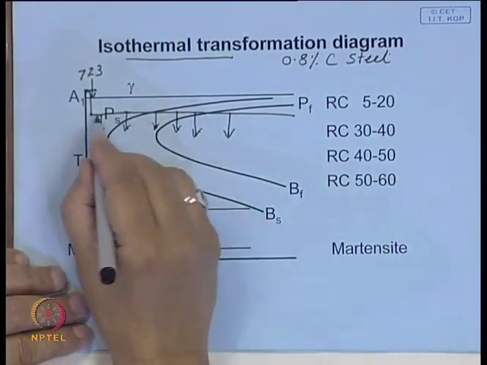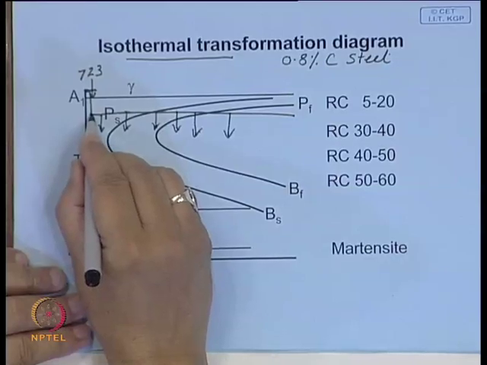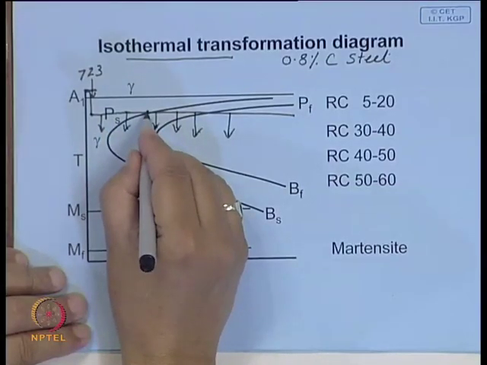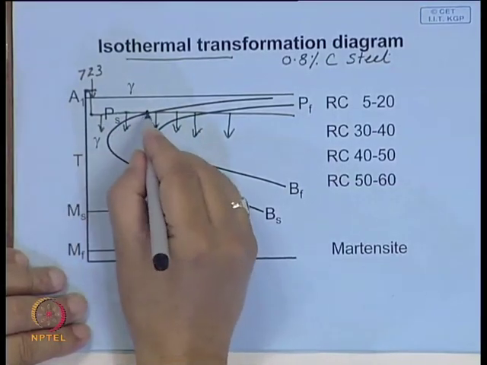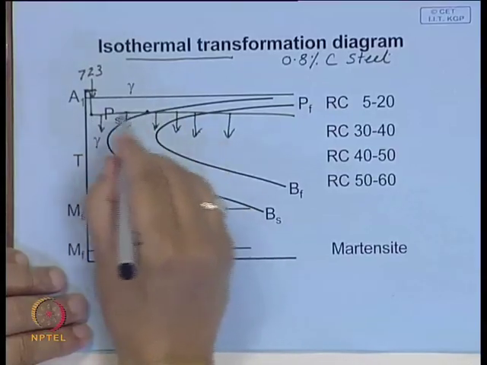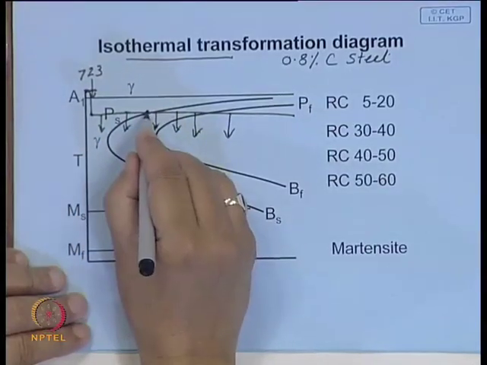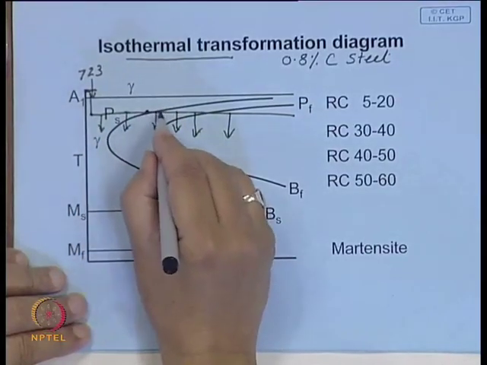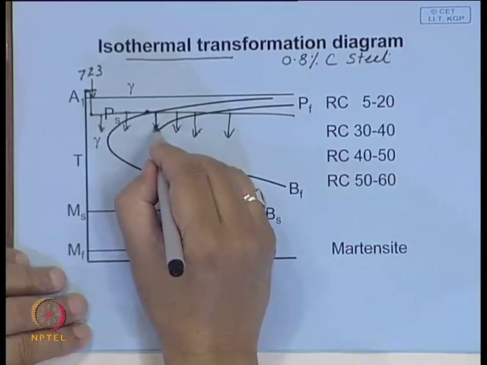What you will find is that the structural feature until this particular point is exactly the same, identical, but once it crosses a particular point you find that pearlite starts forming.